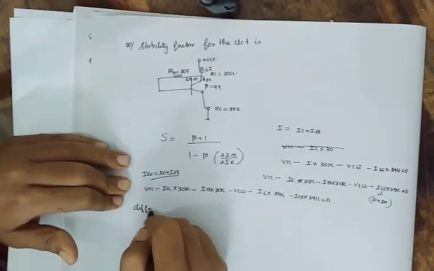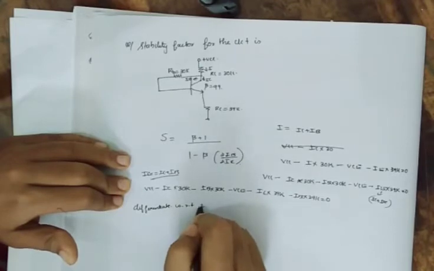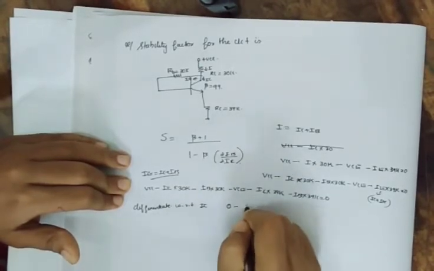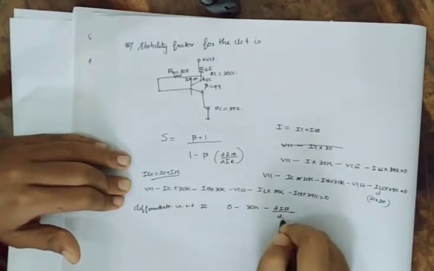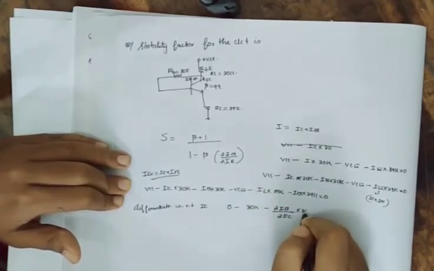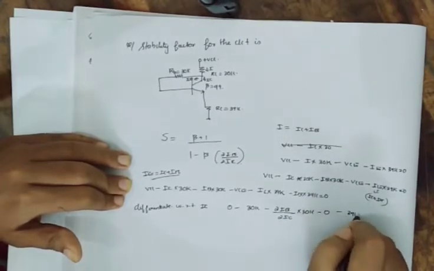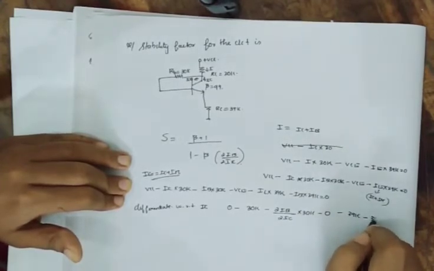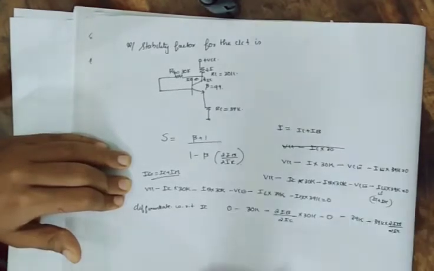Now we will differentiate with respect to IC. We will get 0 minus 30K minus delta IB divided by delta IC into 30K minus 0 minus 39K minus 39K into delta IB divided by delta IC.